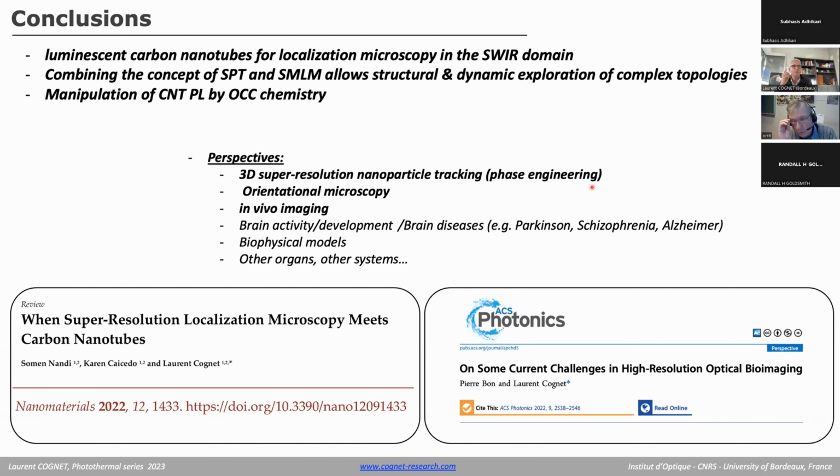They are very interesting candidates to do orientational microscopy, because the dipole is so well defined, to measure the orientation of diffusing molecules. So we are working on that. We are going towards in vivo imaging, real in vivo imaging. That's something, and of course some other applications in the brain and in cancer and all of that.